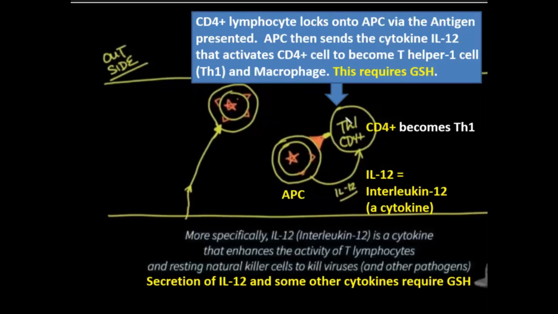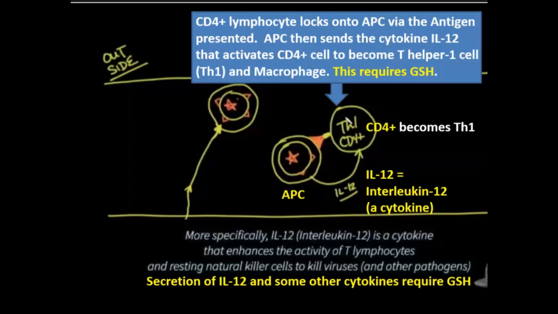I'm going into a little bit more detail today to illustrate to you that our immune cells, there are many of them, they work in a team, and each one of them has to do specialized work, step by step. And there's a very important condition: they must have enough glutathione to be able to do this.